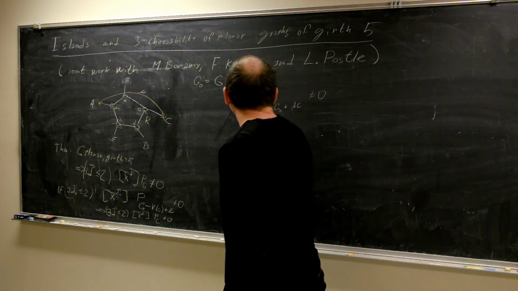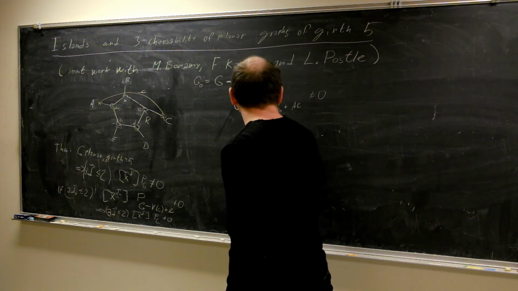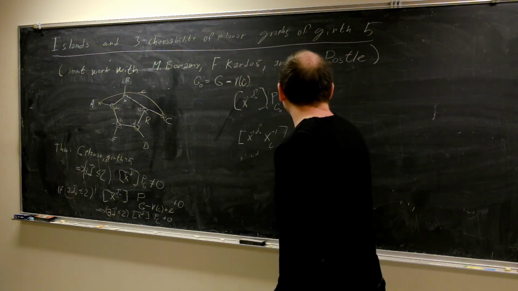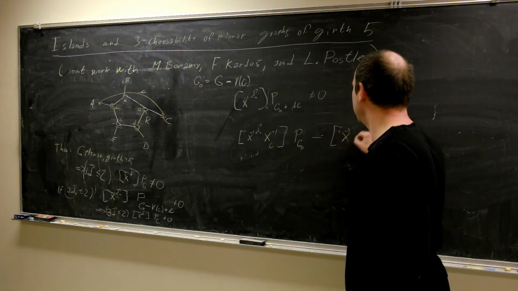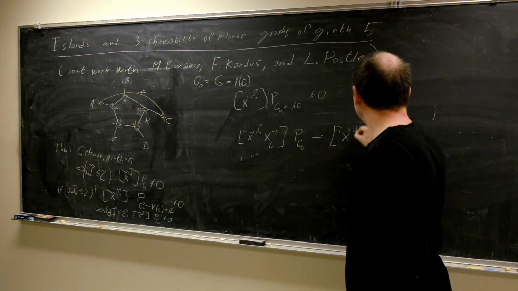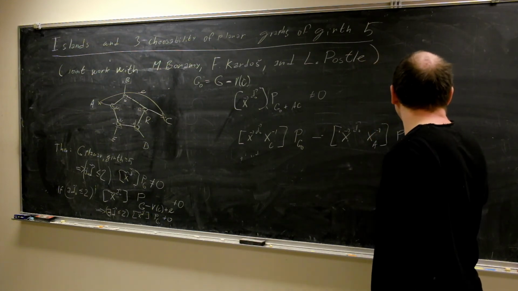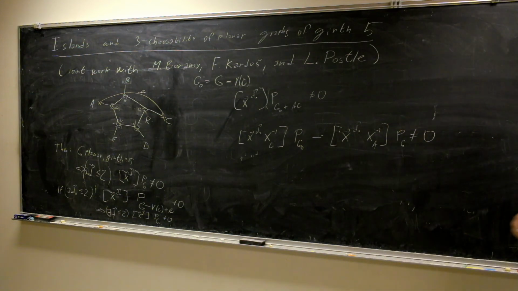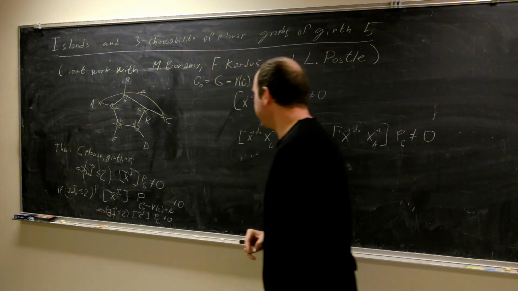So this is the same as saying that the coefficient here of x_c minus the coefficient of x_a in G0 is not 0. So this is what we have as an assumption here.